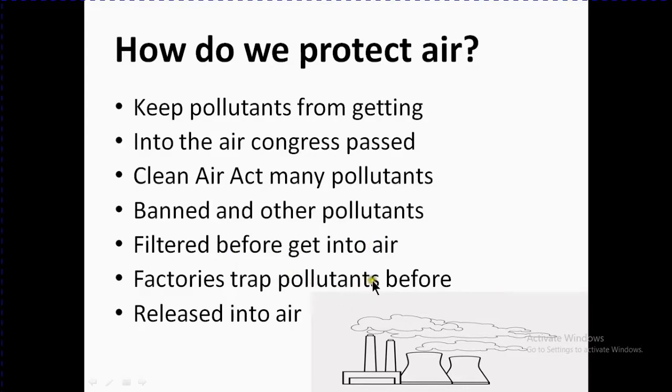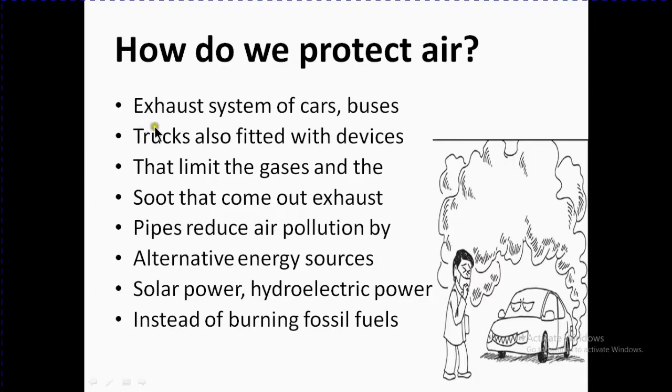Factories trap pollutants before release into the air. The exhaust systems of cars, buses, and trucks are also fitted with devices that limit the gases and the soot that come out of exhaust pipes. And they also reduce air pollution by using alternative energy sources such as solar power and hydroelectric power instead of burning fossil fuel.